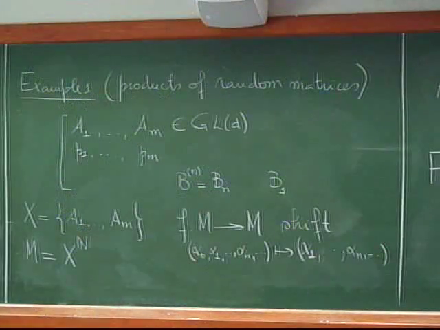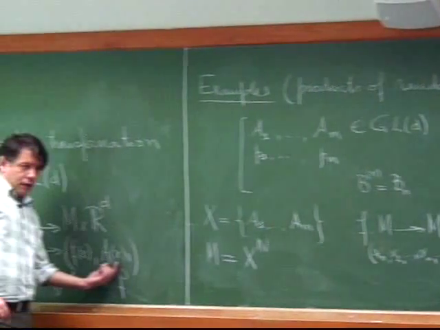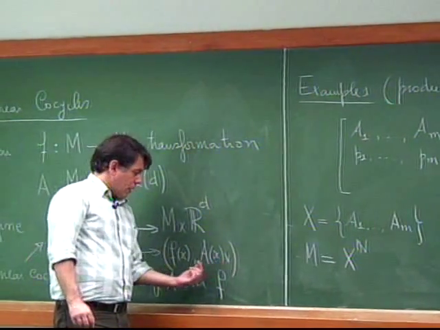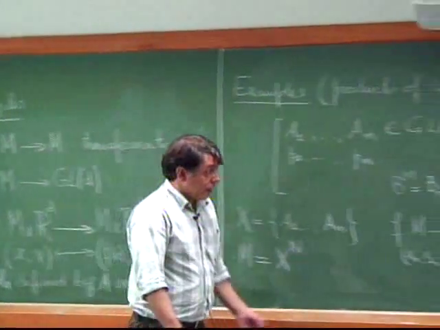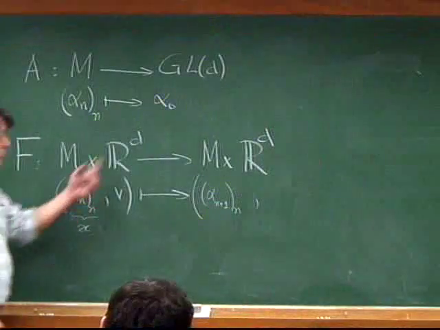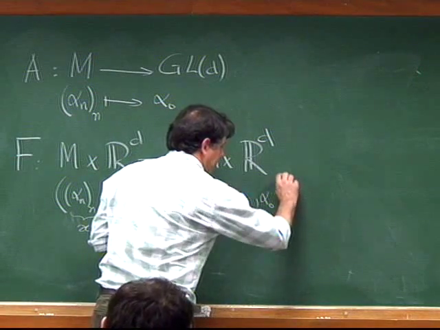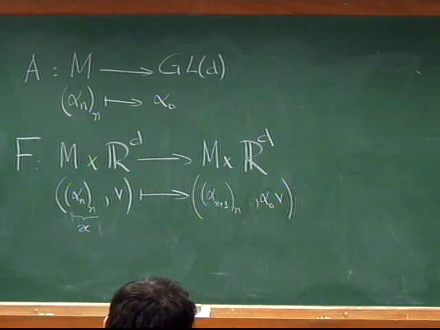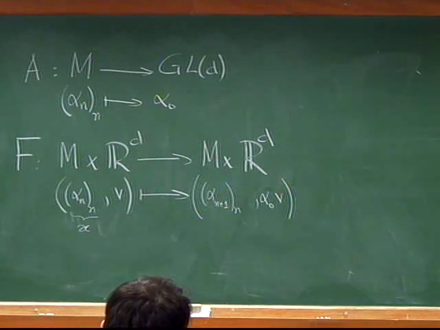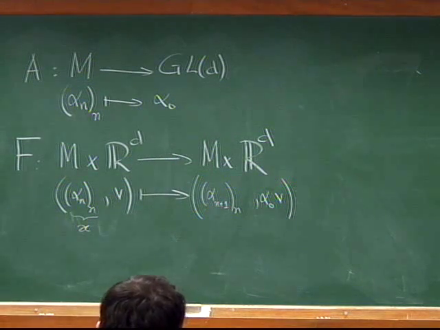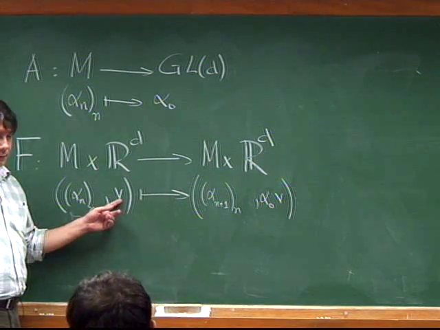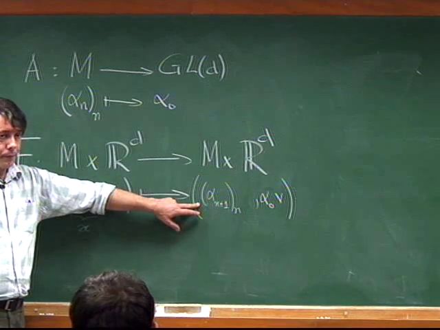And then I have to calculate A of x and apply it to V. A of x is A of the sequence, which is alpha 0, applied to V. So you use alpha 0 to iterate your vector, and you drop it from here.